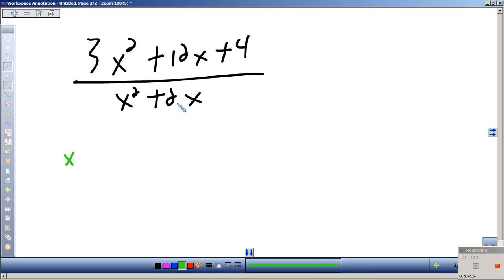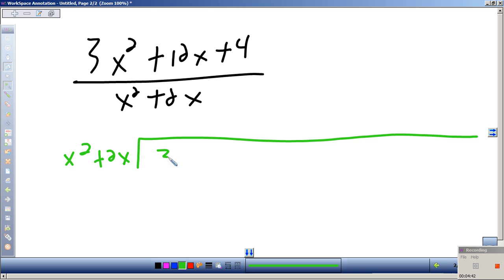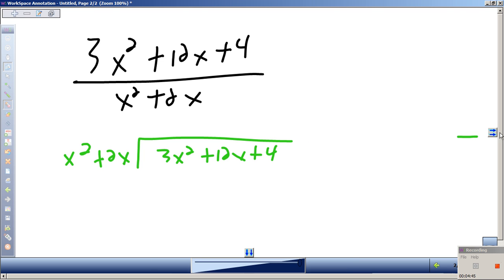There's x squared plus 2x divided by 3x squared plus 12x plus 2. Remember this? Okay, x squared times 3 gives 3x squared. Multiply that: 3x squared plus 6x.